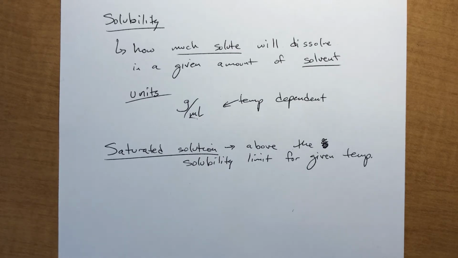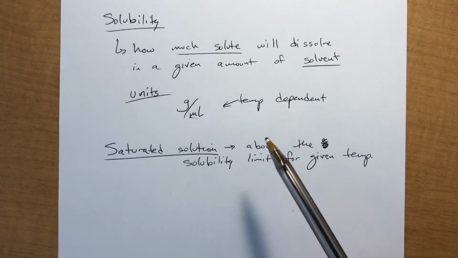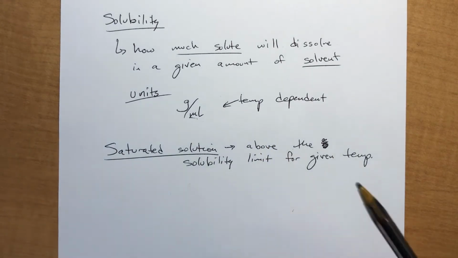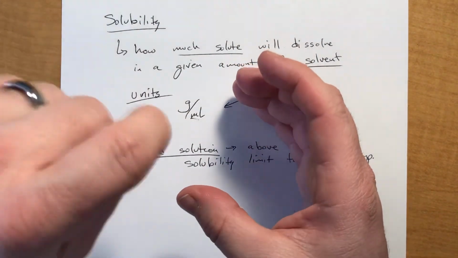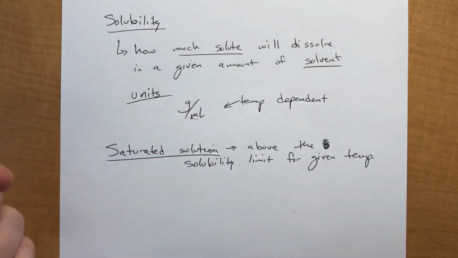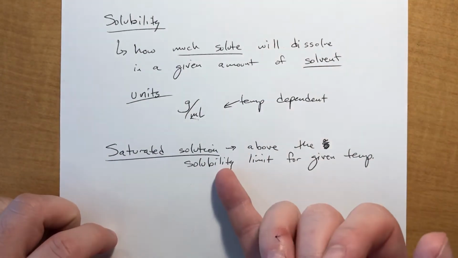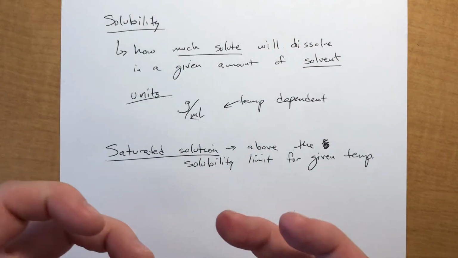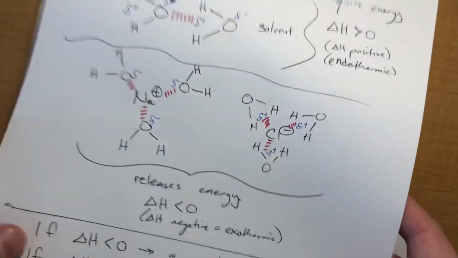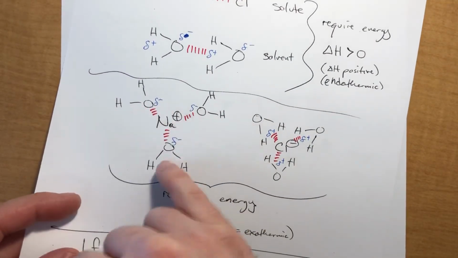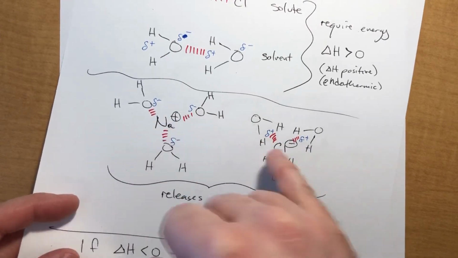It is entirely possible to have something that totally dissolves in water, like sodium chloride. If you take a glass of water and just keep pouring salt into it, it will dissolve, but at some point there will be so much in there that it can't dissolve anymore. You'll just run out of water molecules to hold it in place. You need a certain amount of water to keep each of these ions happy.